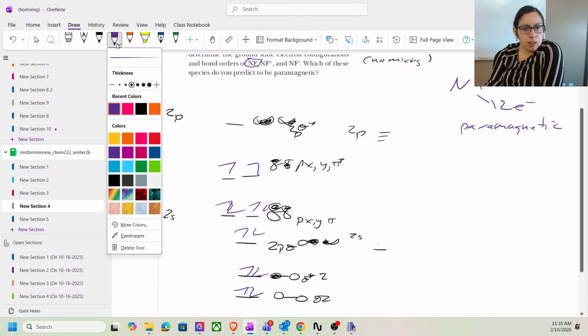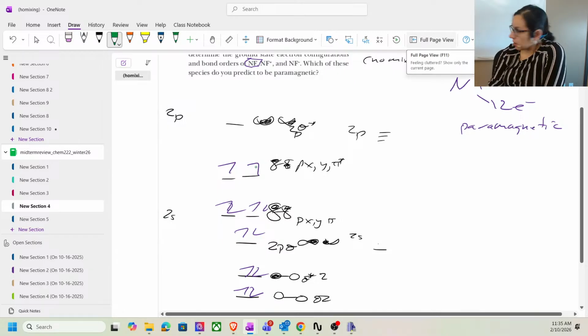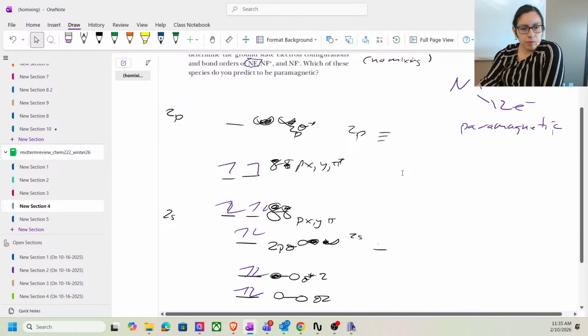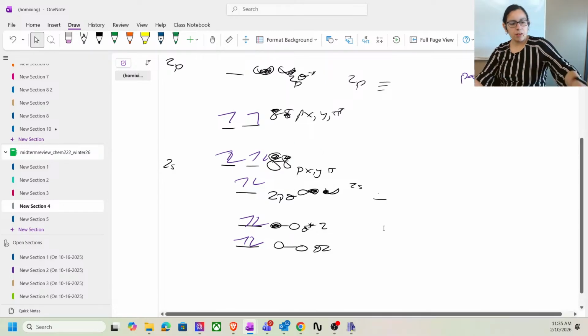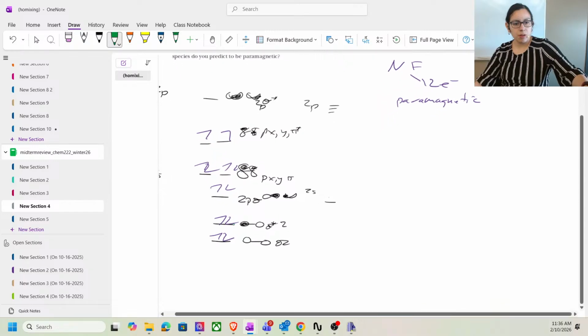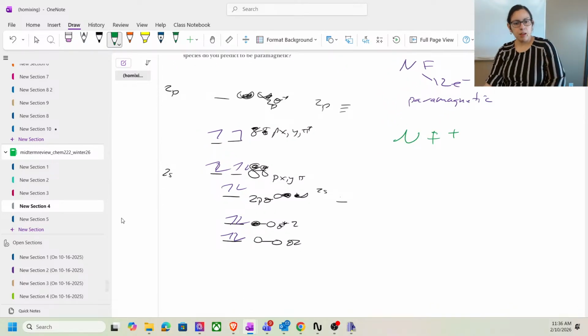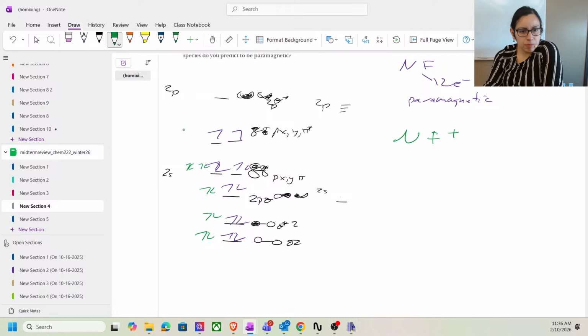And so then if we lose an electron, now we'll only have one unpaired electron, an odd number. So I'll probably just fill it in next to it in green. So NF plus. So now we still have a paramagnetic compound, right?